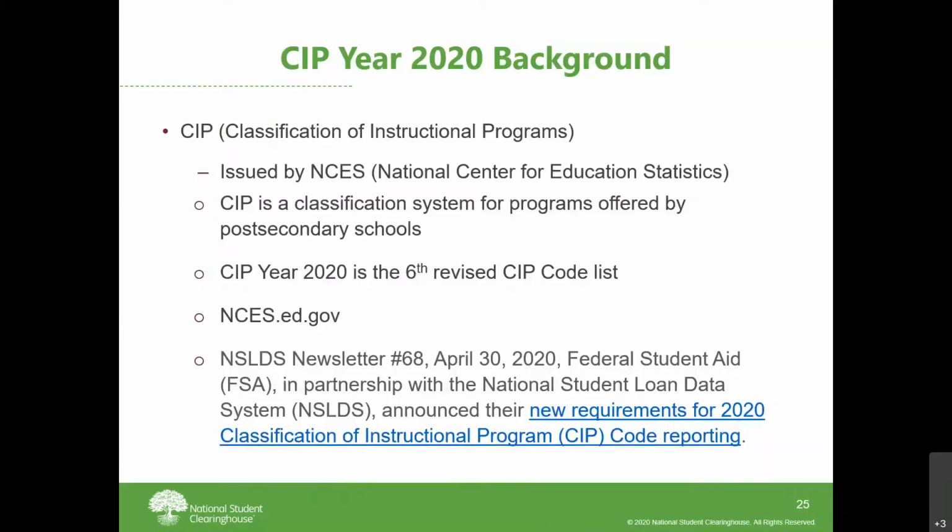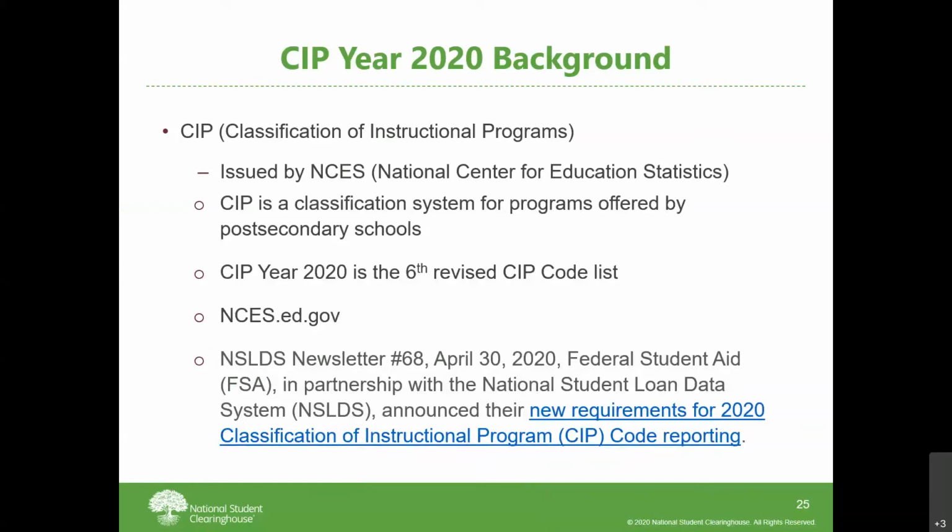So this is just some background. It's answering that question of what are we even really talking about here? So the CIP is the Classification of Instructional Programs. It's issued by the National Center for Education Statistics, and it's the classification system for programs offered by post-secondary schools.